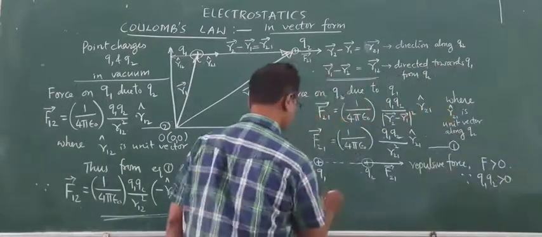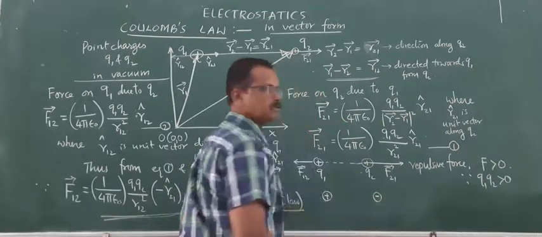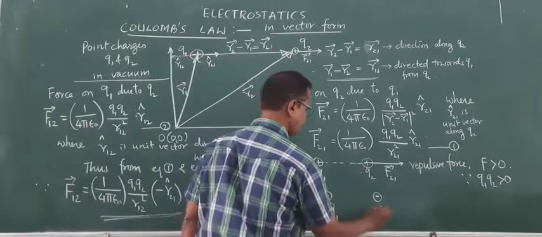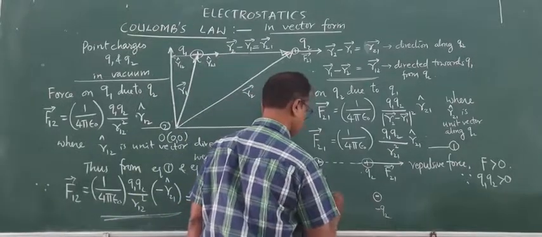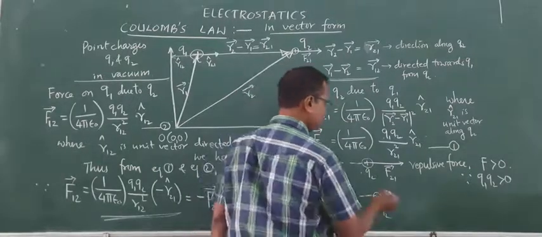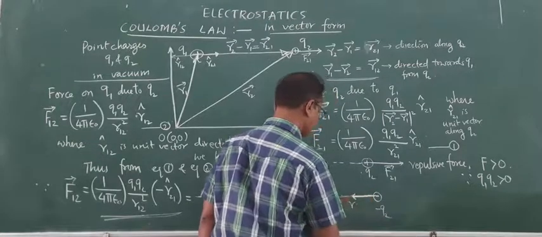On the same line, suppose it is a pair of positive and negative charges, Q1 and this is Q2. This is the line joining the two charges. Then you will get force of attraction directed towards Q1.